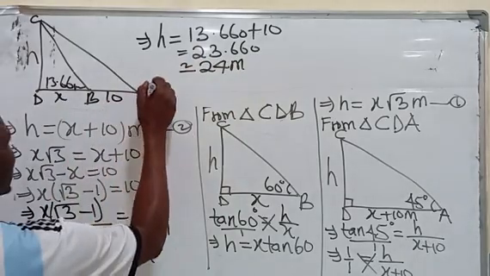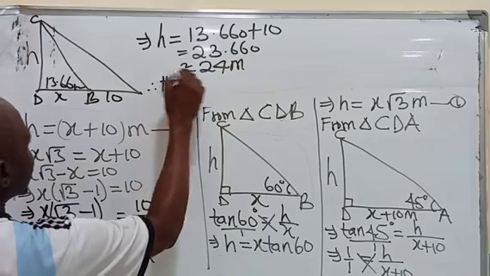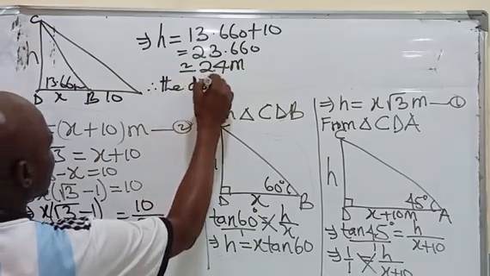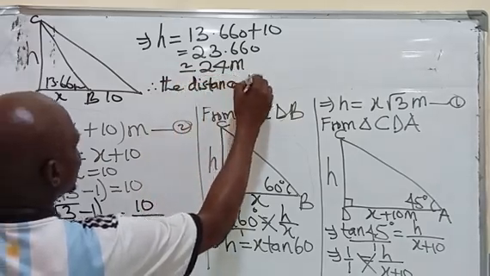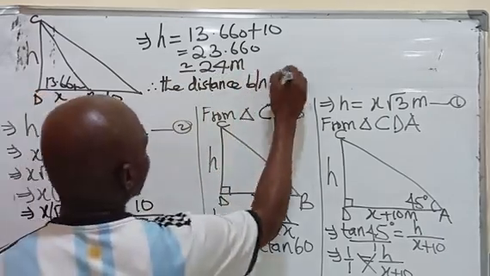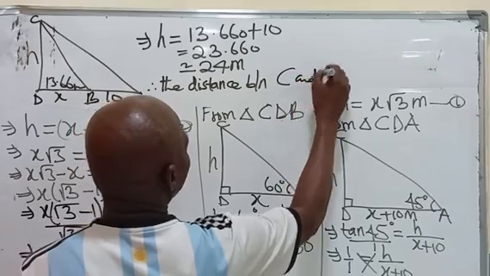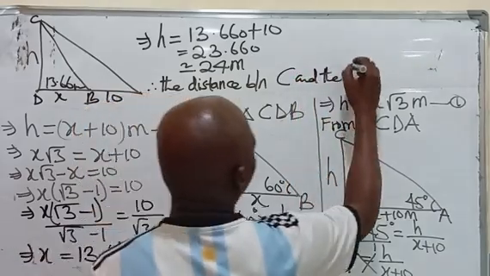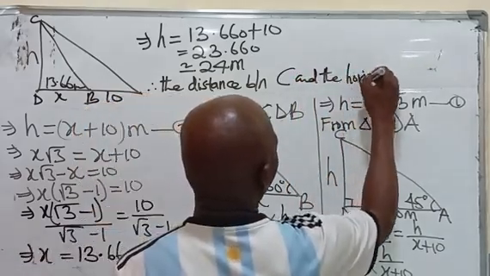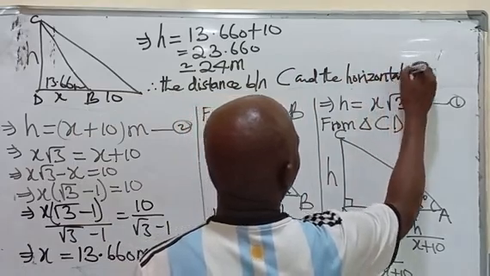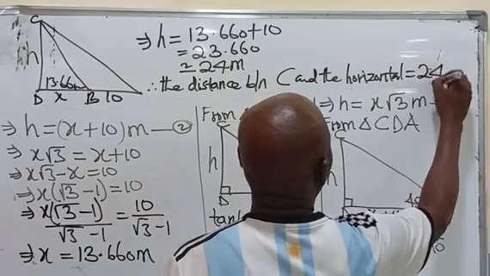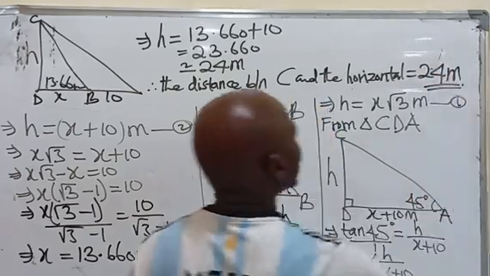So you see, therefore, the distance between C and the horizontal is equal to what? 24 meters approximately.